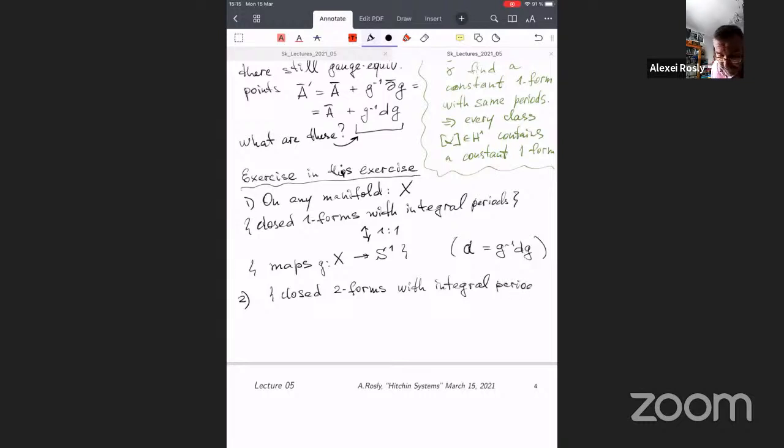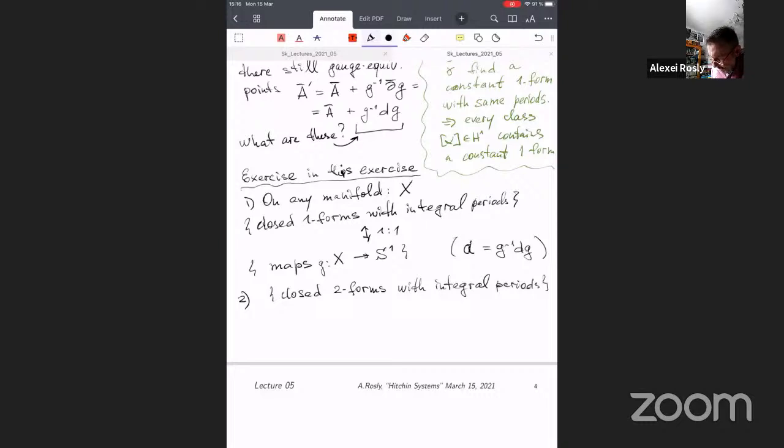We don't need this now, but in the context of item 1, it would be natural to mention that integral periods are in one-to-one correspondence. Here it is a little bit more difficult. No, let me formulate it in a different way.